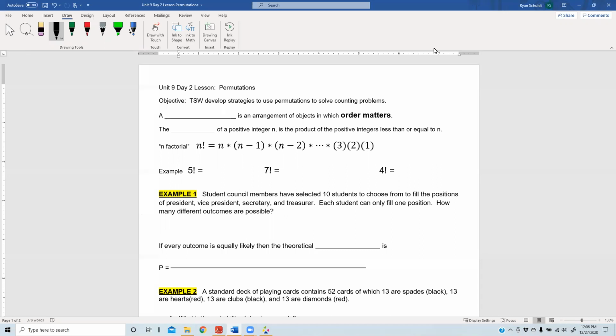So what is a permutation? Well, for one, it's our topic of today, but you probably want the definition. A permutation is an arrangement of objects in which order matters. So you can make different arrangements, but if order matters, then you have a permutation.